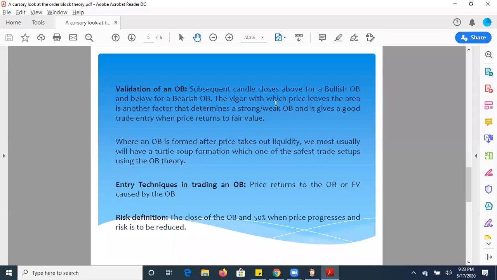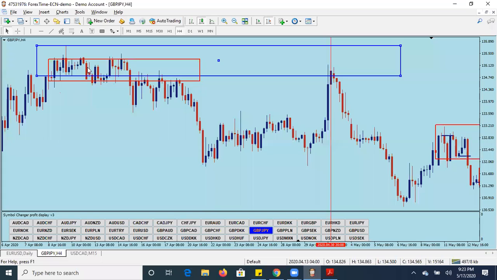Subsequent candle closes above for a bullish order block and below for a bearish order block. That is when the order block is validated, right? So when price closes beneath it, usually we expect it to be very, very fast. In this case, it wasn't, but there was a price close beneath it, now indicating willingness for price to come down. Then we say we have an order block, right? That is when it's basically validated.